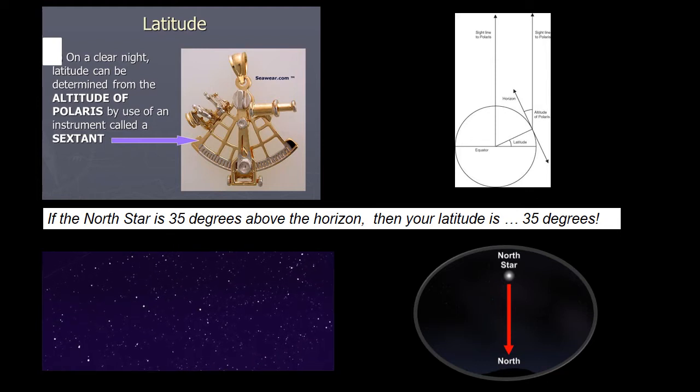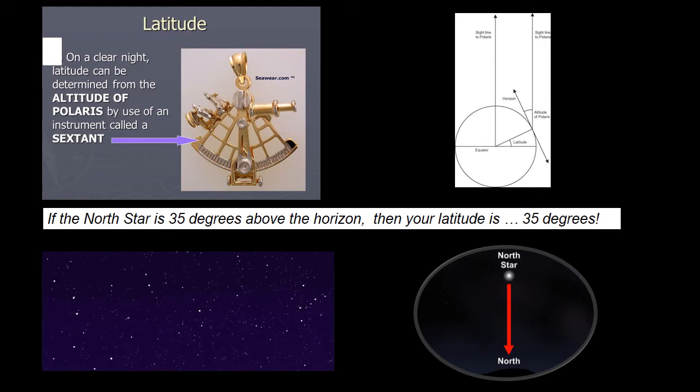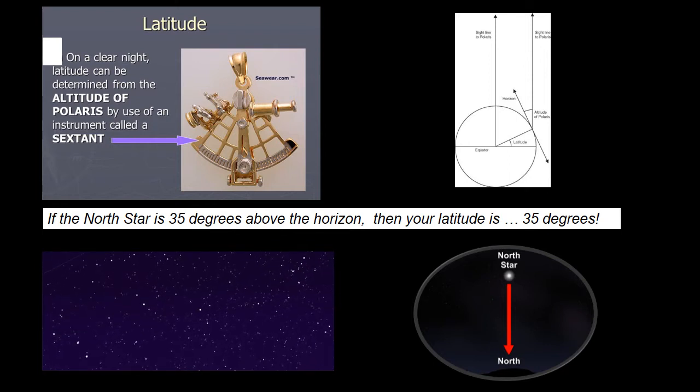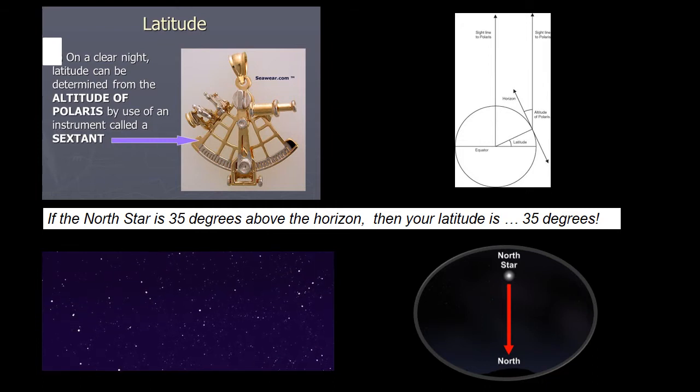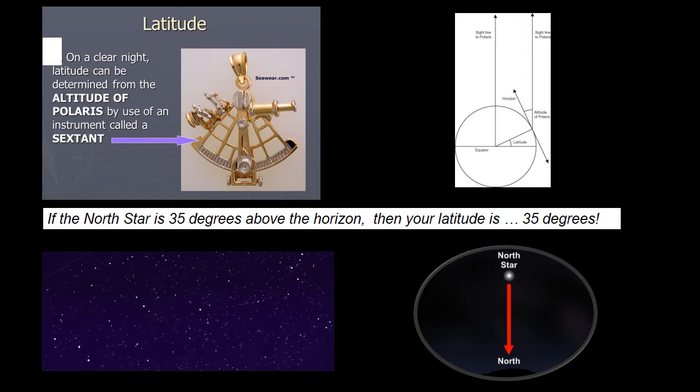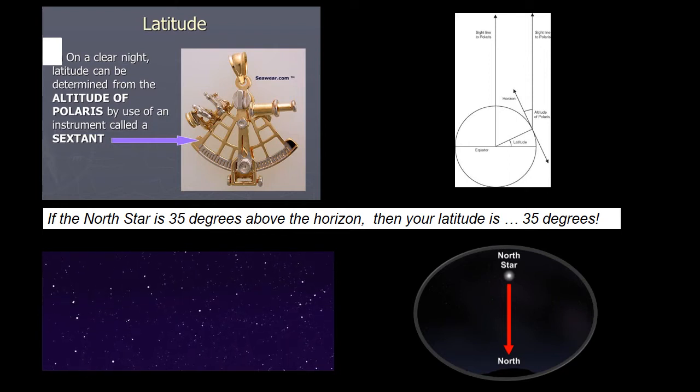All right? Well, here's a very handy thing. The angular degrees that Polaris is above the horizon, that's your latitude. So if you're somewhere in the open ocean and you see that the North Star is 25 degrees above the horizon, you know what your latitude is? 25 degrees north.